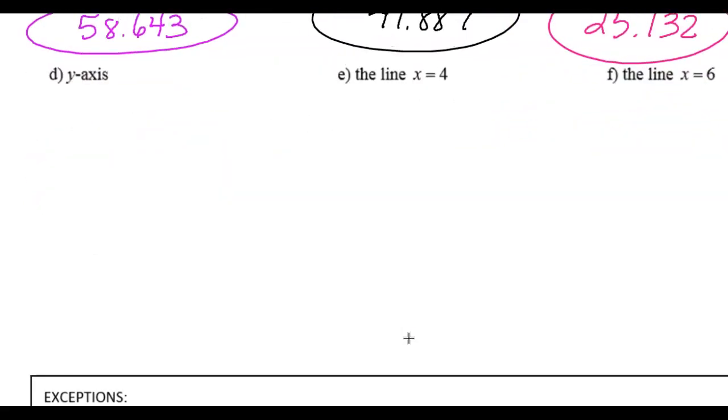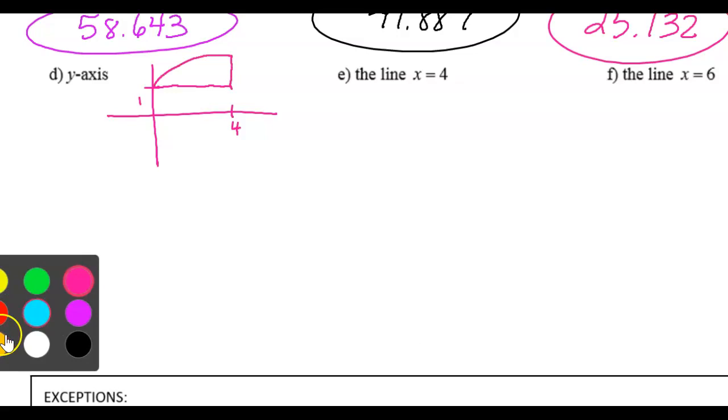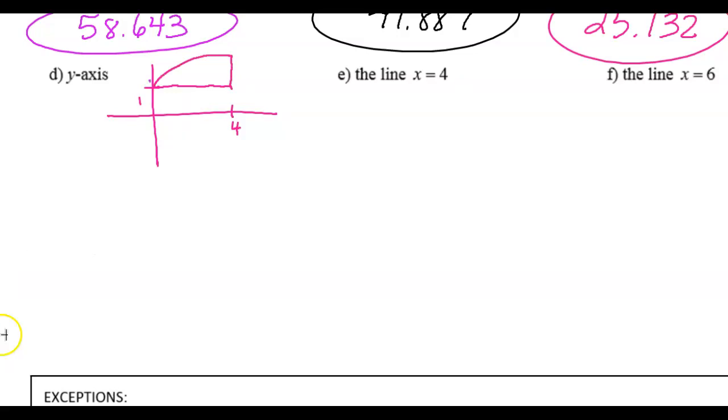Okay, the y-axis. So now we're going to spin it around here, which means we want to use y's. And so we're looking at this shape. So this is going to be a wide, smooth outside, and I can put water on the inside. So this is still going to be washers.